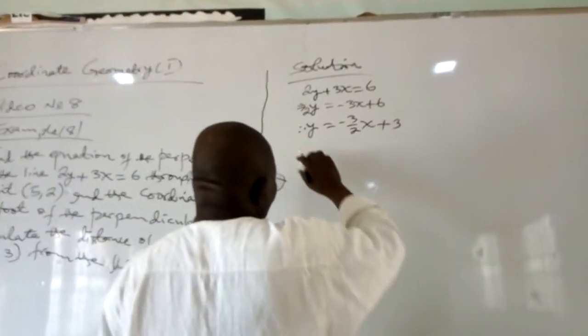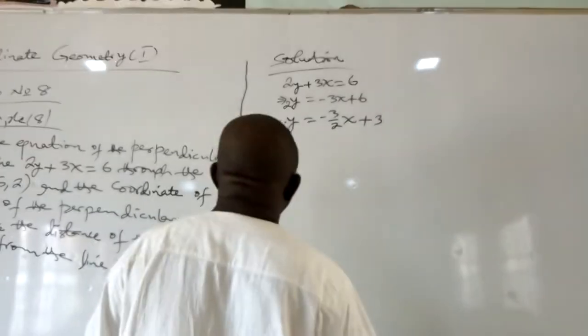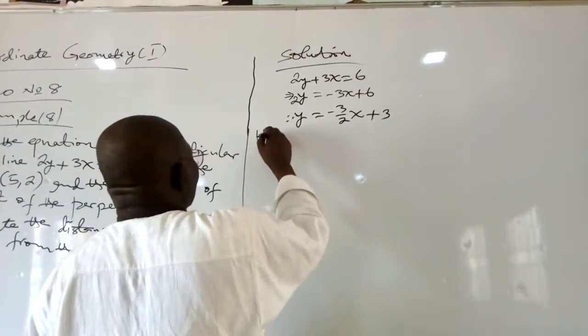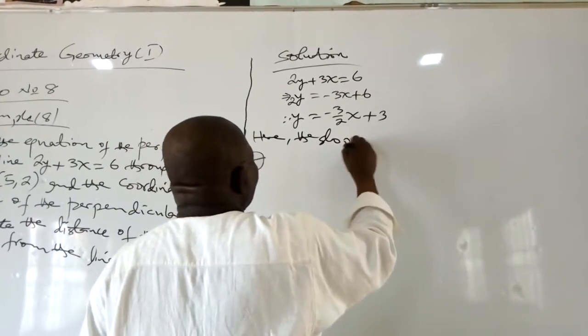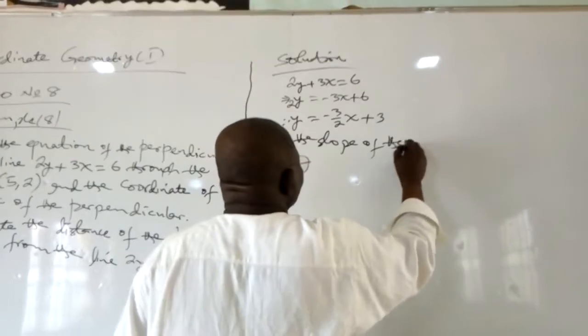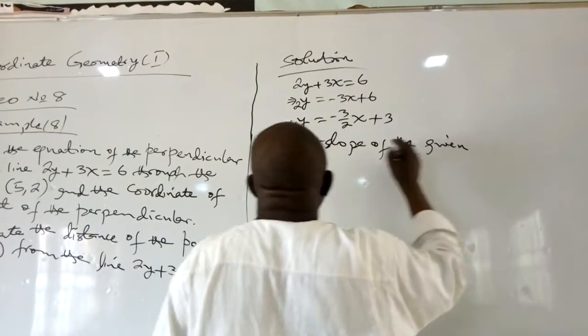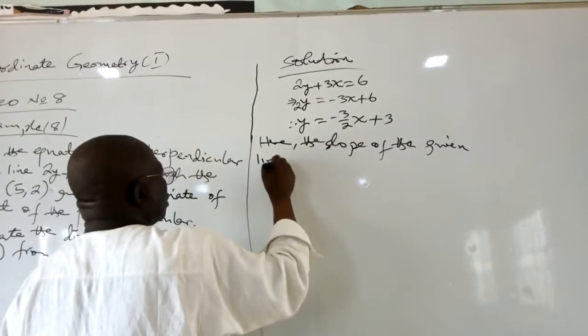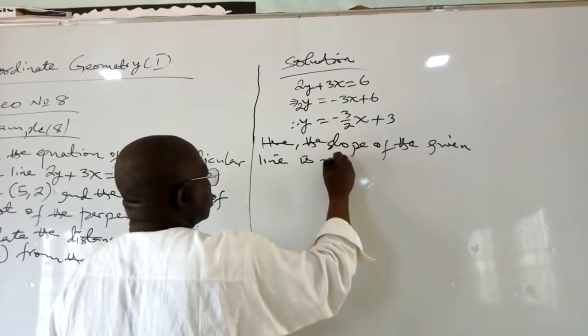So you can see the slope of the given line is minus 3 over 2.